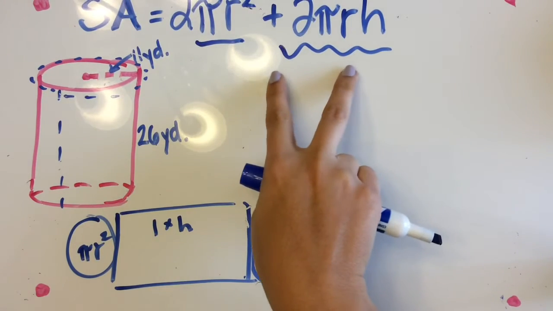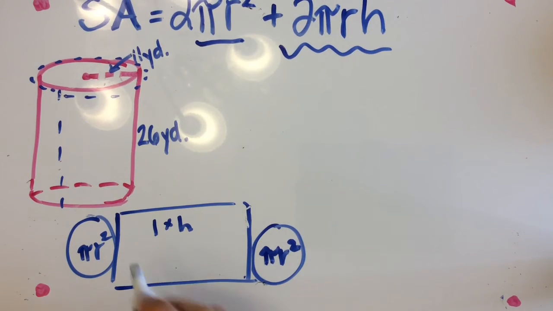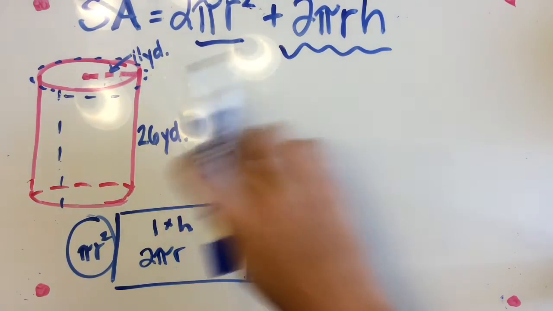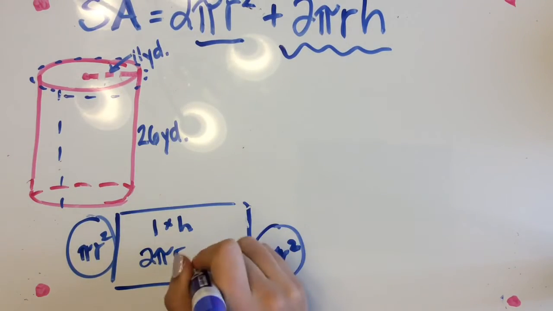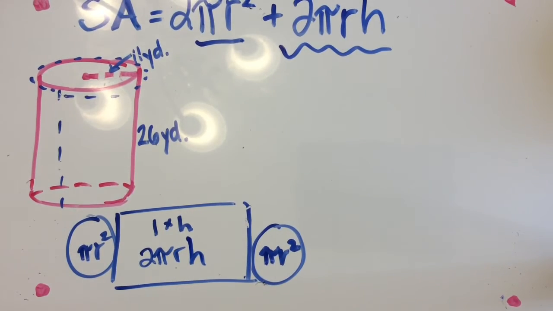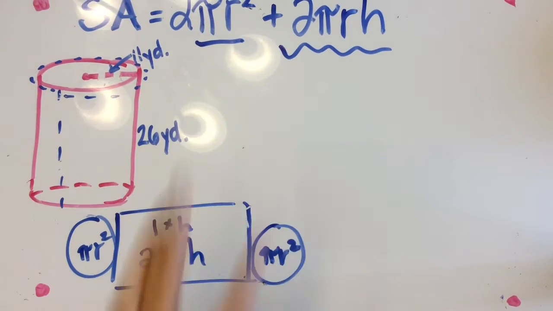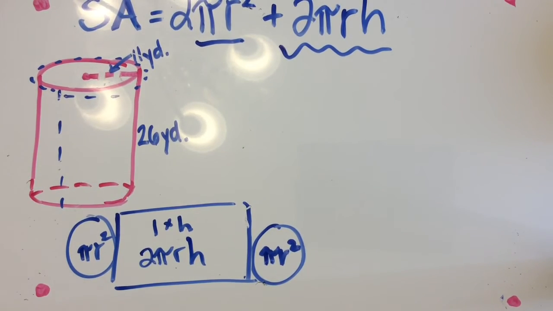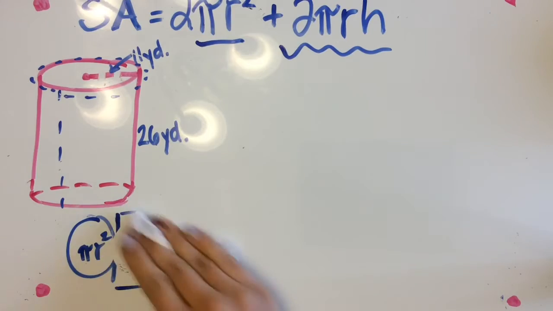The equation for the circumference of the circle is 2 pi r. And then we multiply it by the height of this rectangle. That's the meaning and significance behind these formulas. Again, if that confuses you, ignore it and just watch my example and plug in the values that you know.